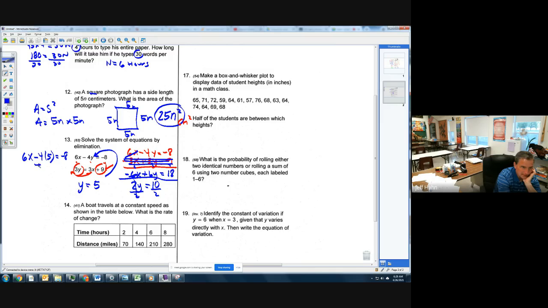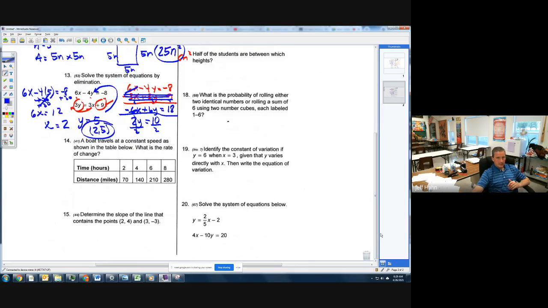This becomes a negative 20, to which I'm going to add 20 to get it to the other side. So I get 6x equaling 12, and x equals 2. So 2 comma 5 is my answer. That solves both of those equations. X equals 2, y equals 5.